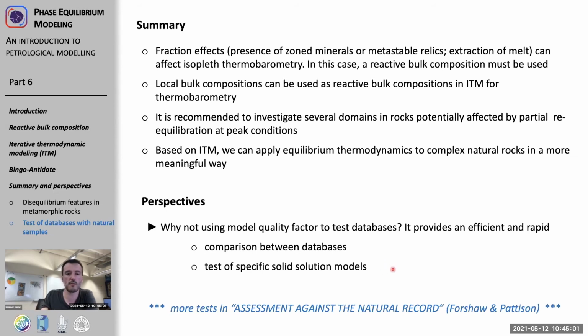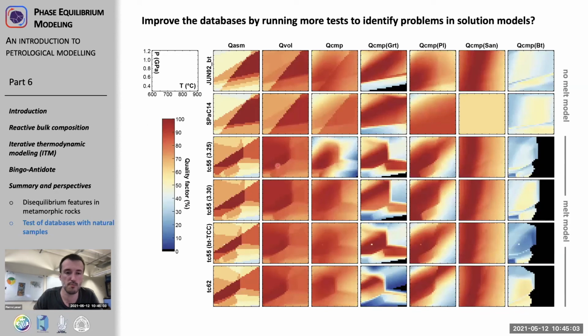I'm going to take one more minute here to describe very quickly this map that shows a pressure-temperature map for one sample, where we have the different maps of model quality factors: Qasm, Qvol, Qcmp. Then we have the Qcmp of garnet, the Qcmp of plagioclase, the Qcmp of K-feldspar, and the Qcmp of biotite.